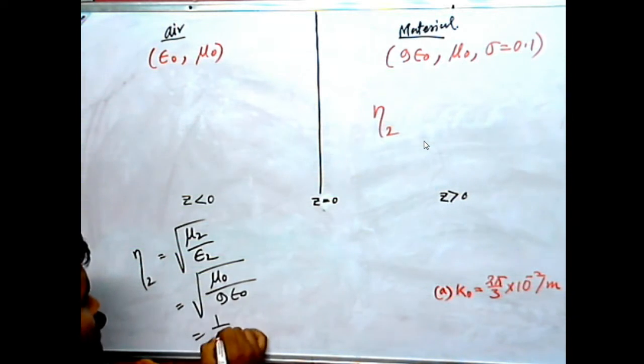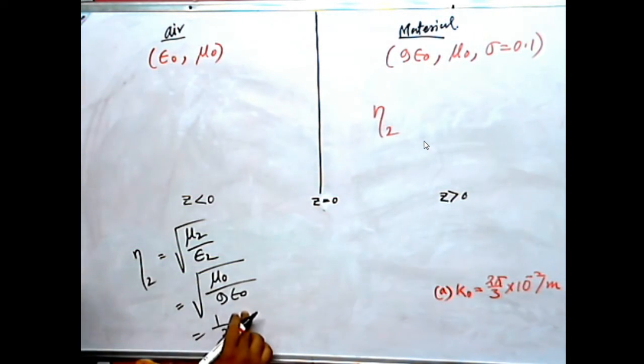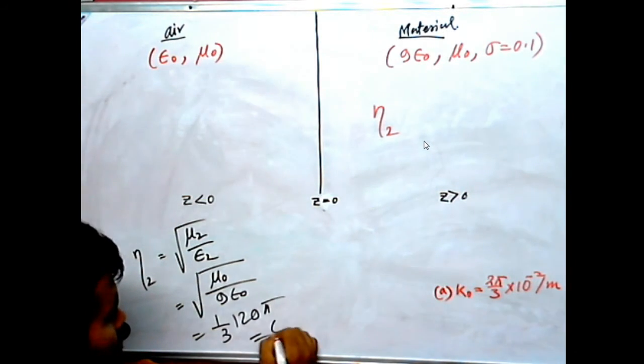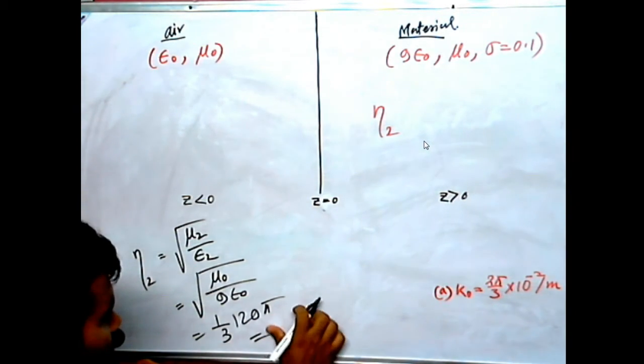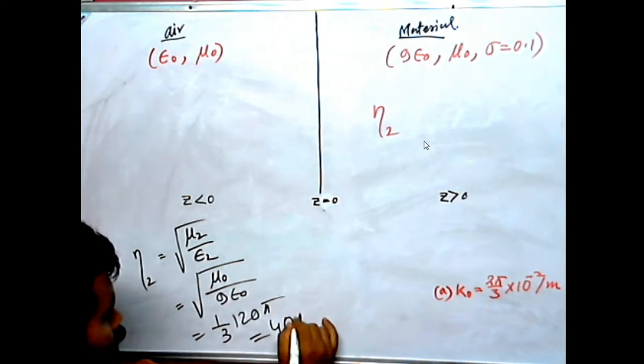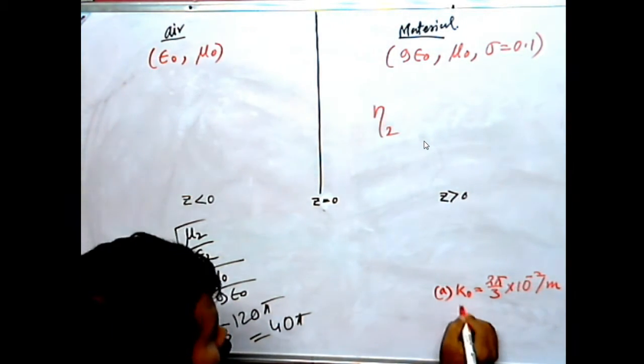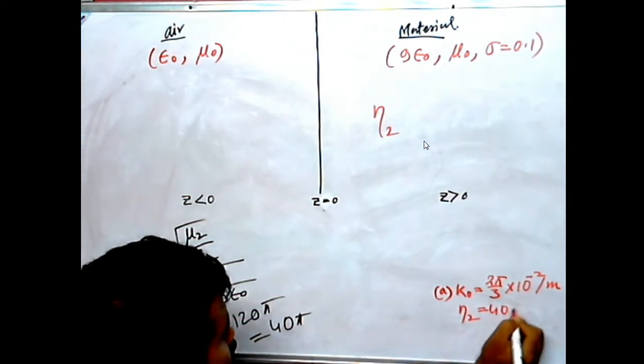So that is 1/3 √(μ0/ε0), and √(μ0/ε0) is the intrinsic impedance of free space, that is 120π. So this is 40π.